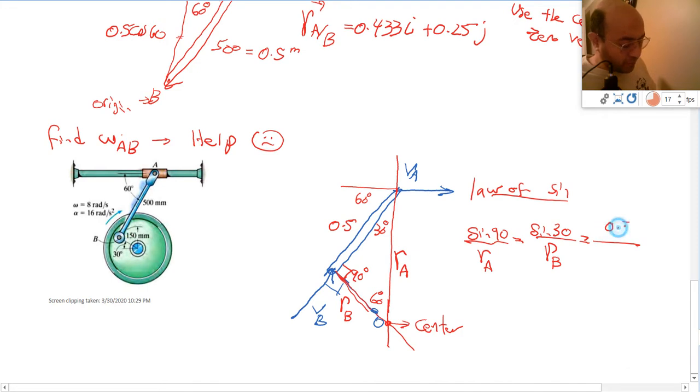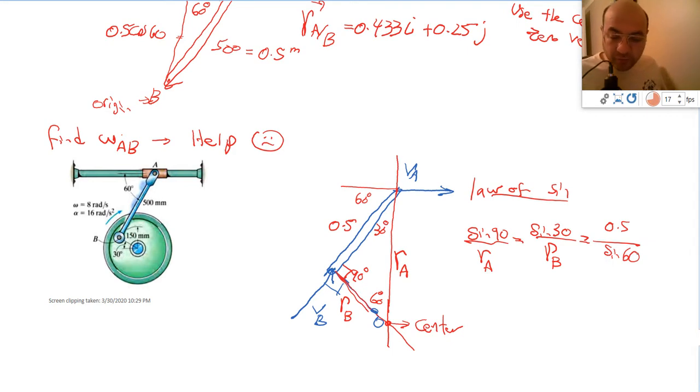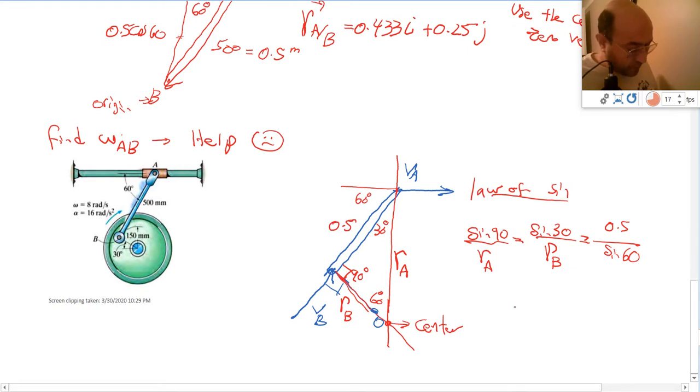And then it will be 0.5 over sine of 60. Now if you cross multiply them, you're going to get for RB equal to 0.866, and for RA equal to 1.73.